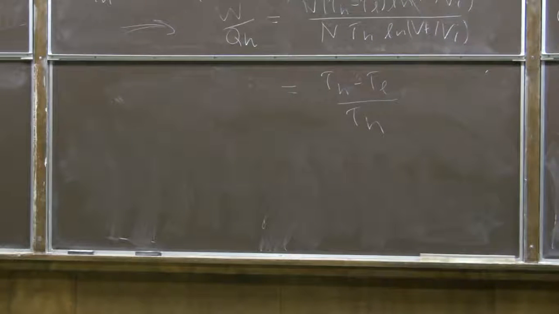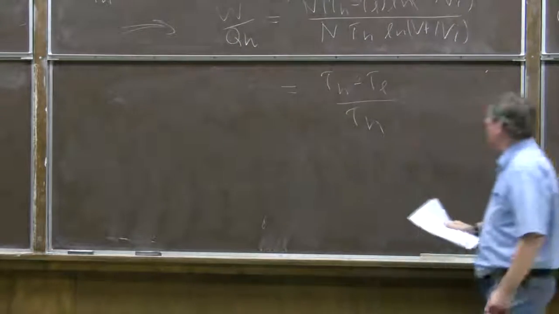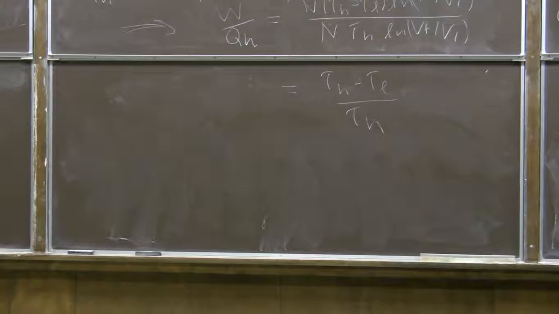And what we learned in addition by using the ideal gas law is the amount of heat and the amount of work per cycle in terms of the ratio of the initial to final volume during the isothermal expansion and compression.